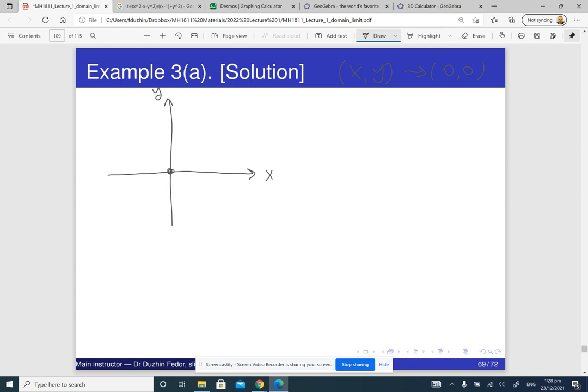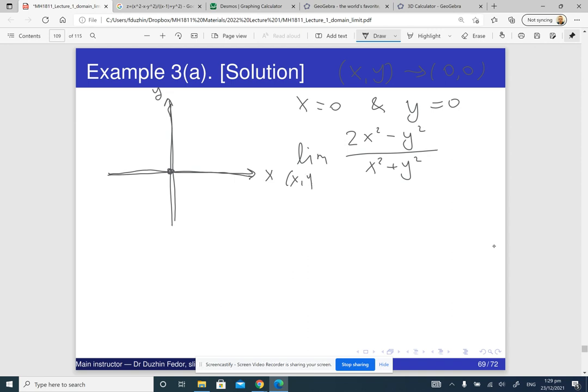Two paths that contain the origin. I think the most obvious paths that we can think of are y equals 0 and x equals 0. So x equals 0 and y equals 0 are two paths, right? So I'm going to compute the limit of this given function, 2x squared minus y squared over x squared plus y squared, as x, y approaches 0, 0.